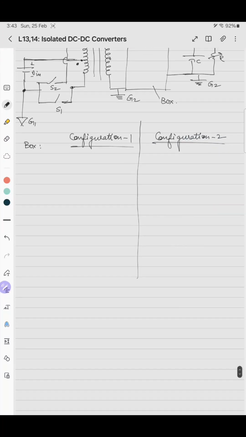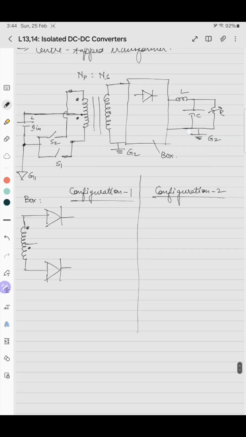So either the secondary can be like this, or the second is also center tap. So this is based on the switching.